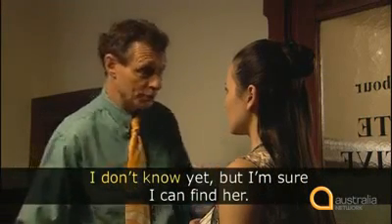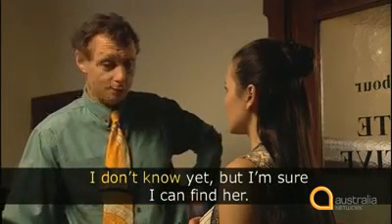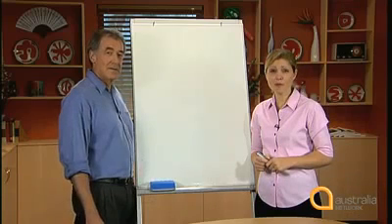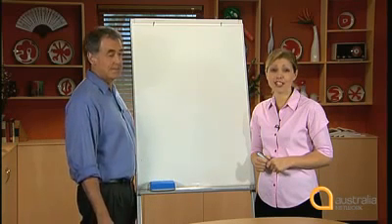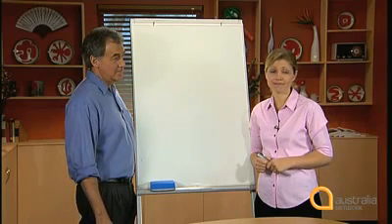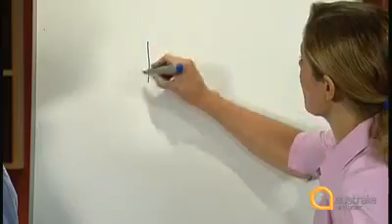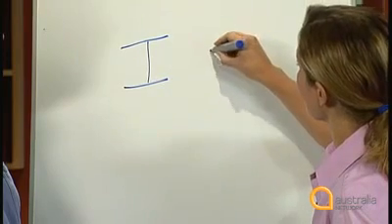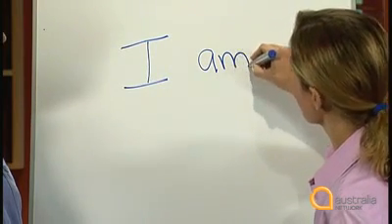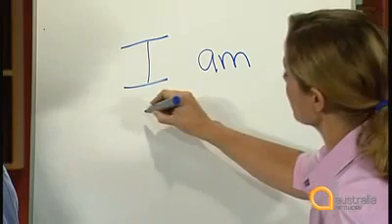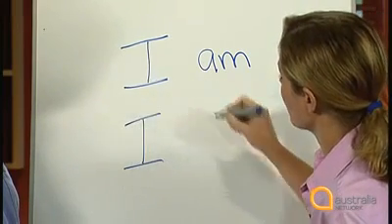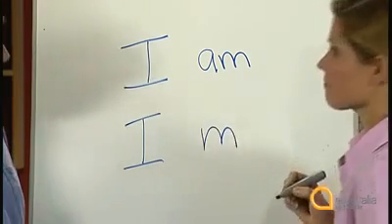Listen to John say, I don't know, and then say it with him. Well, I don't know yet, but I'm sure I can find it. You've probably noticed that these contractions have apostrophes. Now, Brenton, the contraction of I am is I'm.